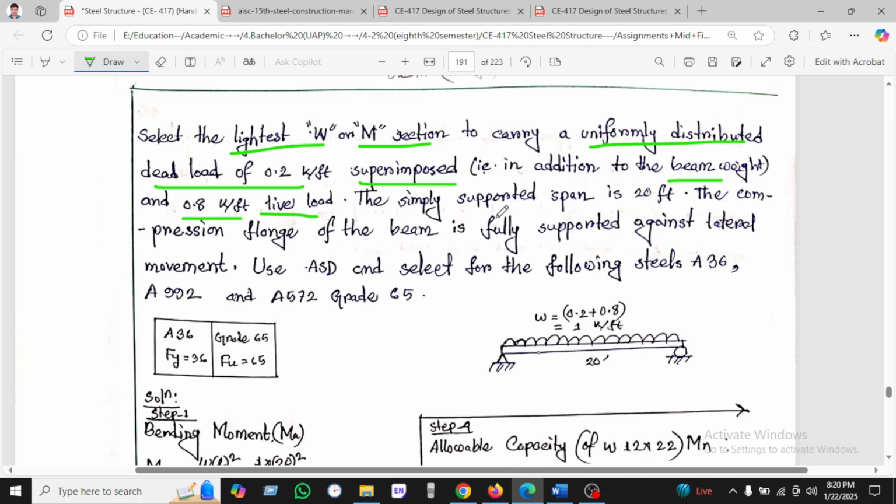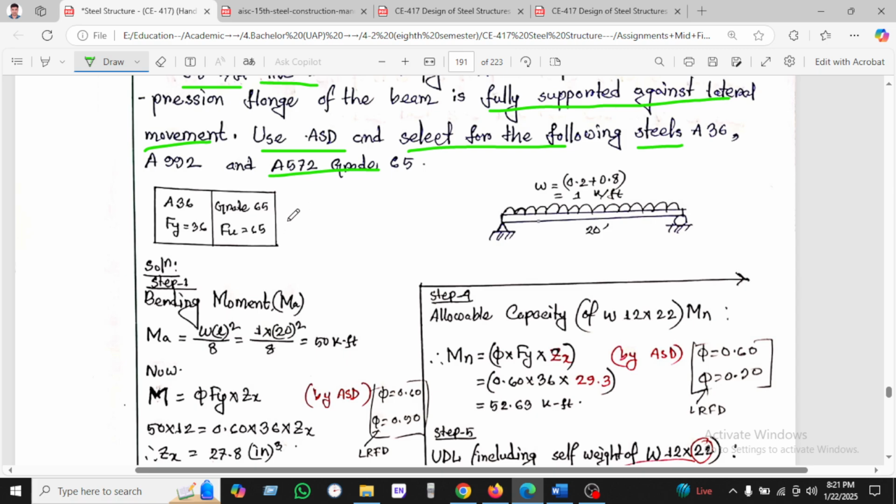The simply supported span is 20 feet, and the compression flange of the beam is fully supported against lateral movement. We have to use the ASD method and select the following sections: A36, A992 and A529 grade 65. This grade is given, and the figure is also given.